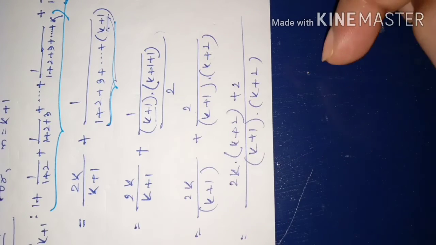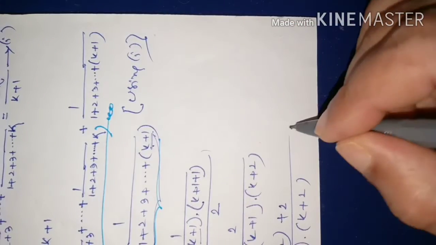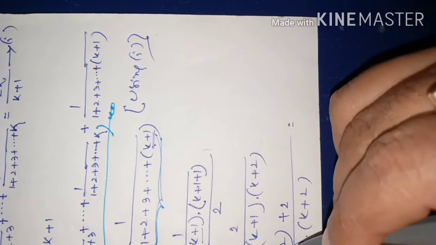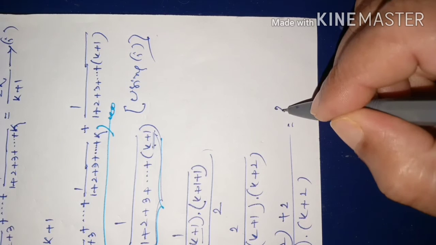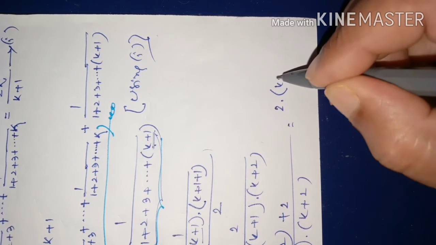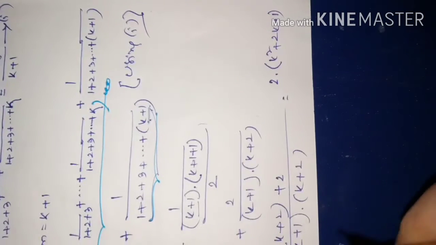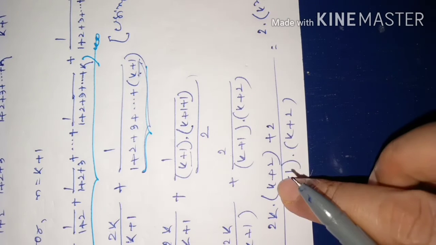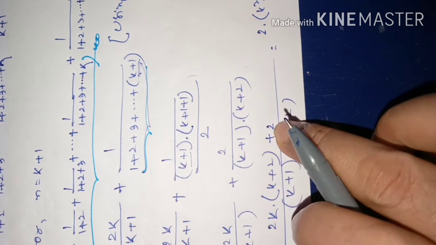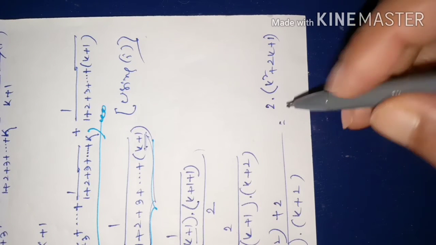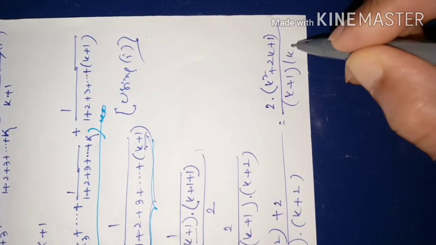We can take 2 as a common factor, or we can factorize it also. What can we get from here? 2 into, you can write like this, k square plus twice k plus 1. You just see, k into k is k square, k into 2 is twice k, and this 2 and this 2 I took common, so here will be a 1, divided by k plus 1 into k plus 2.